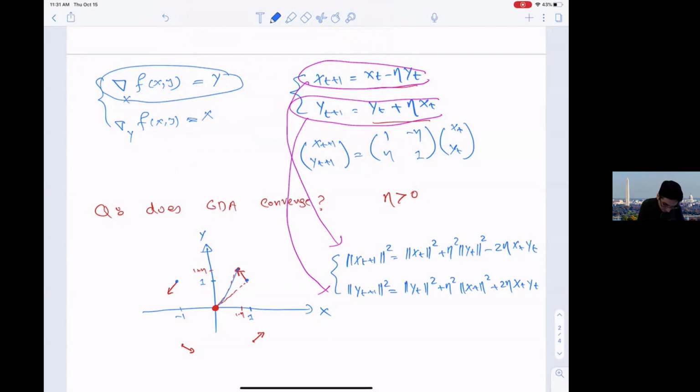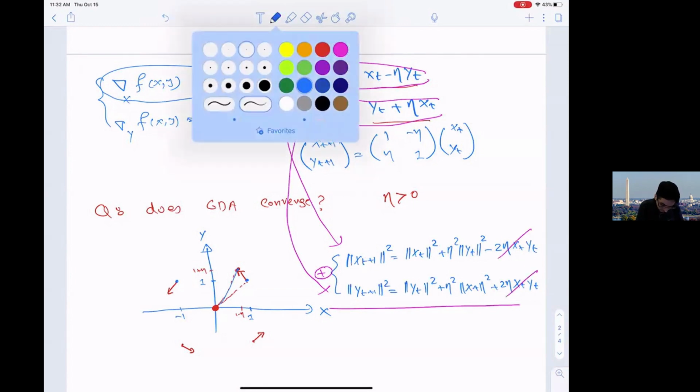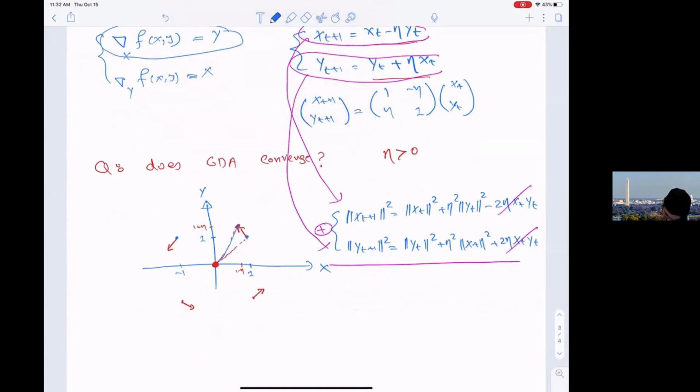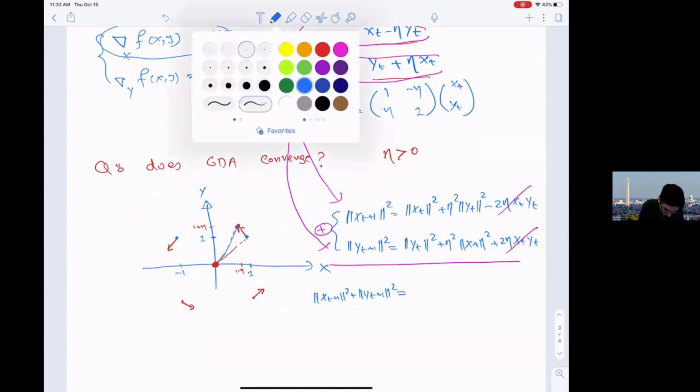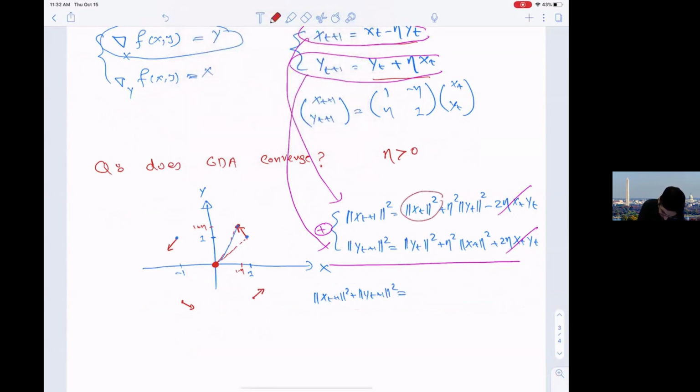Right? So I'm going to sum them up. Sum these two up. So you see this term and this term go away because one is positive, one is negative. So I'm going to end up with this. x_{t+1} squared plus y_{t+1} squared is going to be equal to what? Okay, so look at this term and this term. So I have 1 plus eta squared times x_t squared. And look at these two terms.